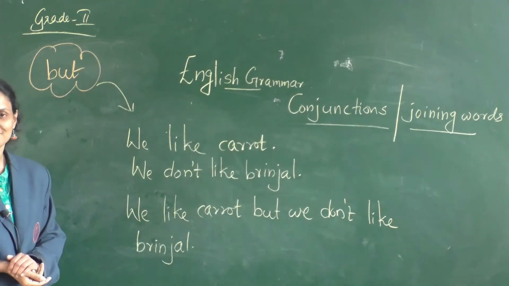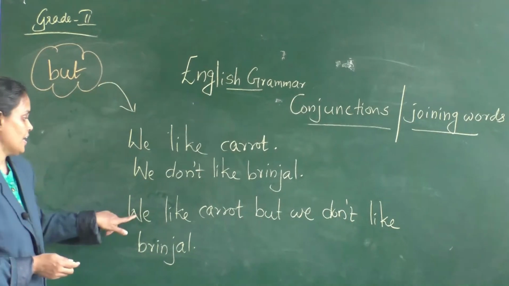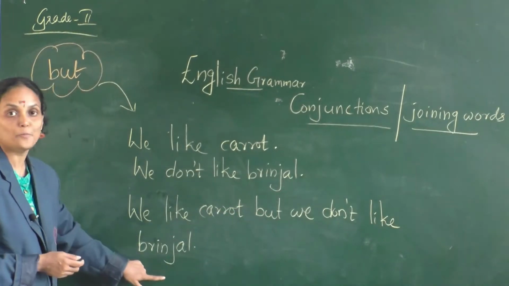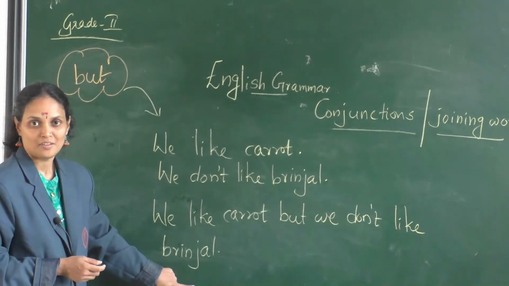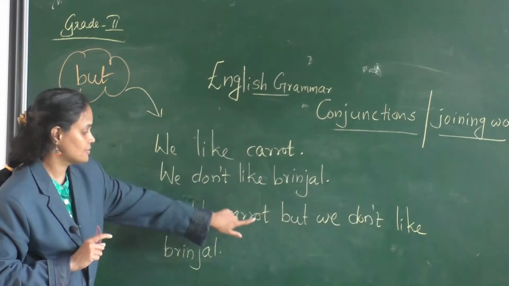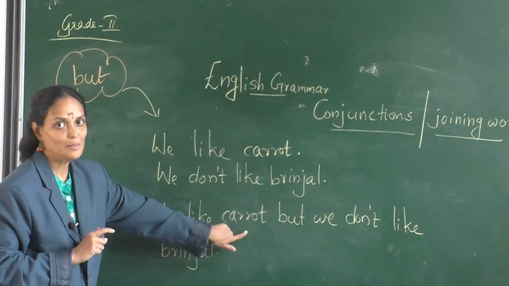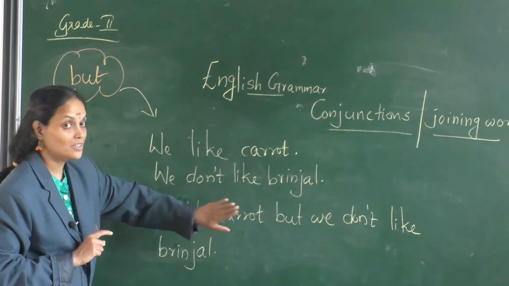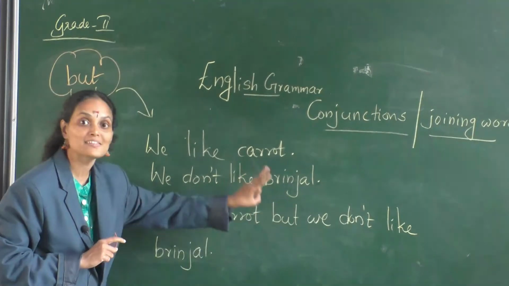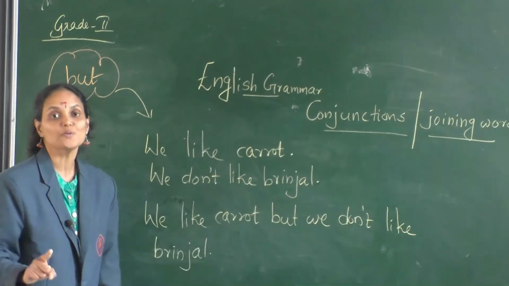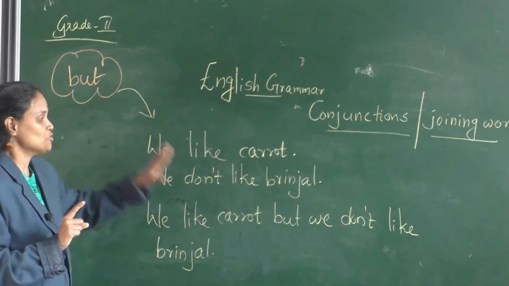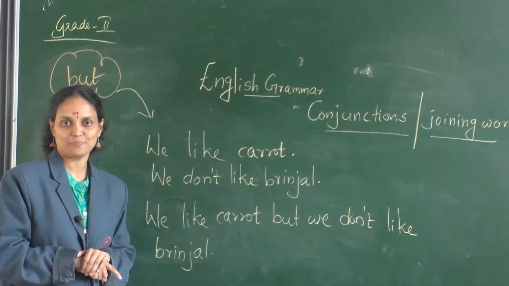We like carrot, but we don't like brinjal. Okay? We haven't changed the tense. The tense is the same, the simple present tense. The meaning is not changed while combining into two. The meaning remains the same. And we used the conjunction, the joining word but, to frame the single sentence.